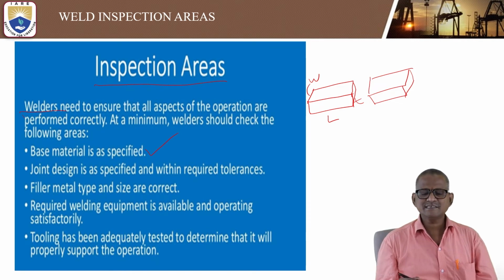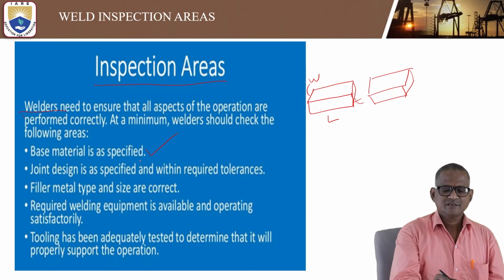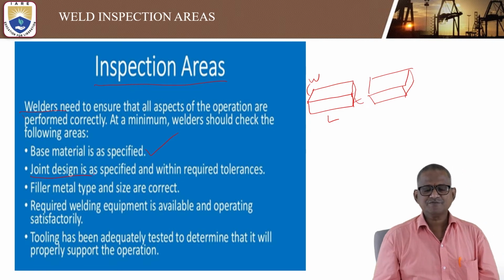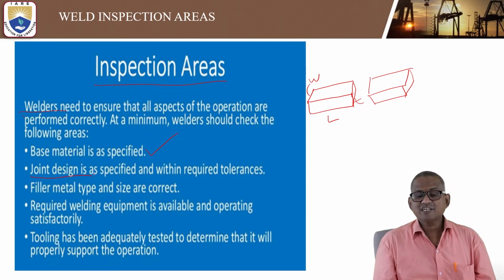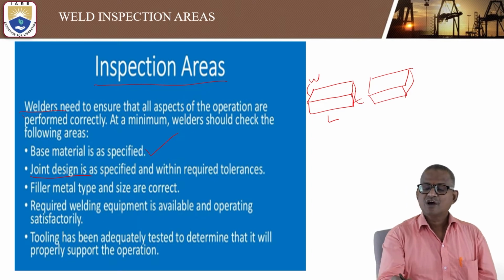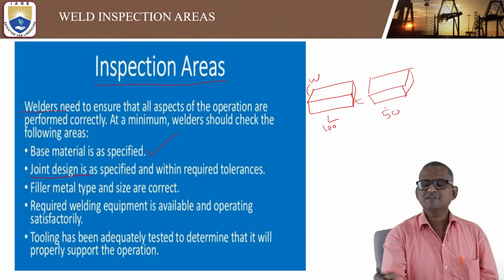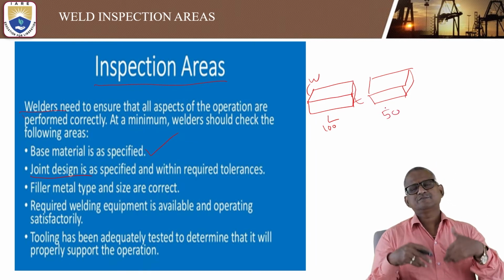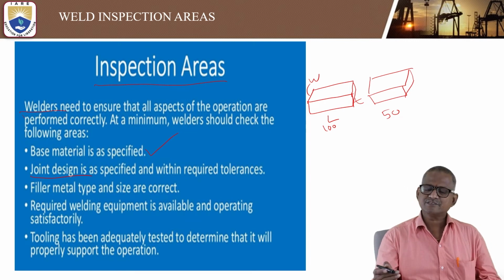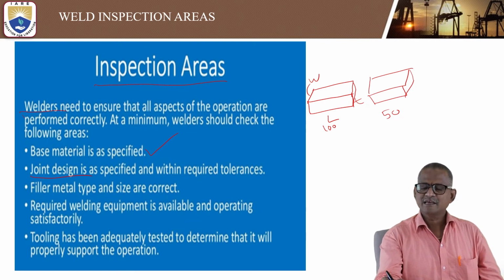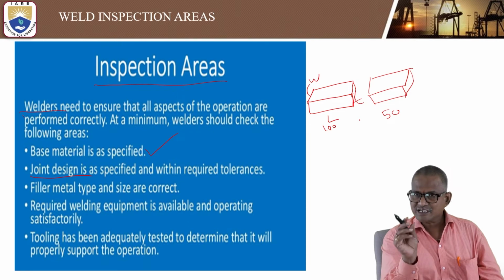The second thing is joint design. Joint design should be as specified within required tolerances. That is, how much distance? For example, this is 100 mm and this is 50 mm. When you want to join two pieces, either similar or dissimilar metals, at how much distance do you keep them?